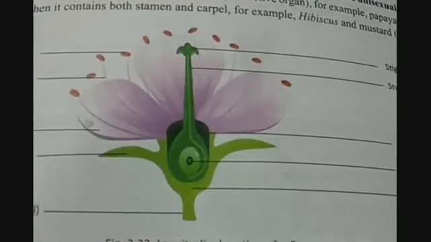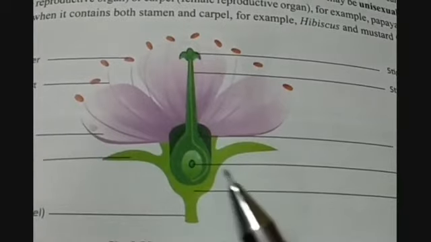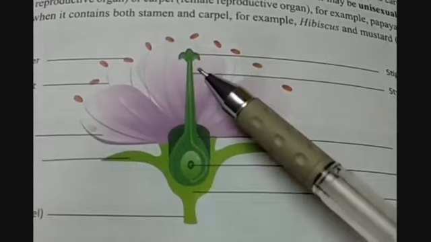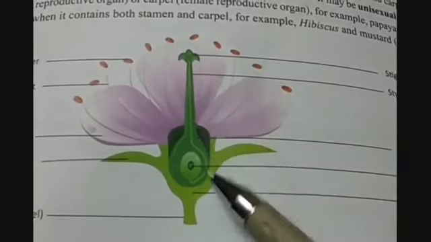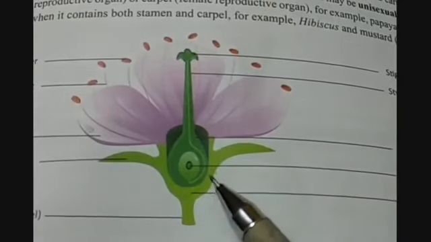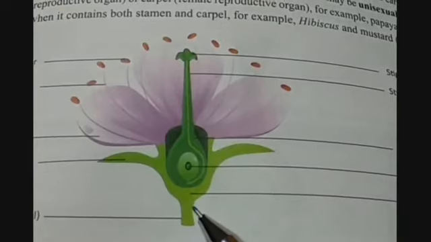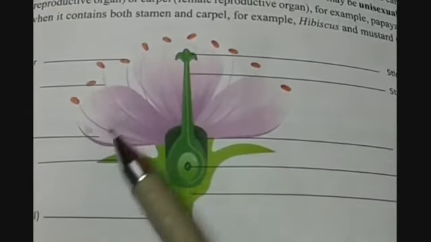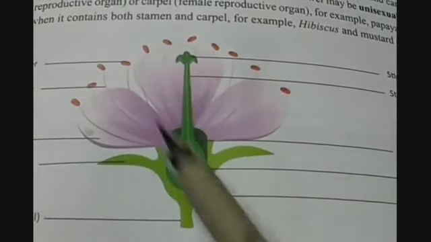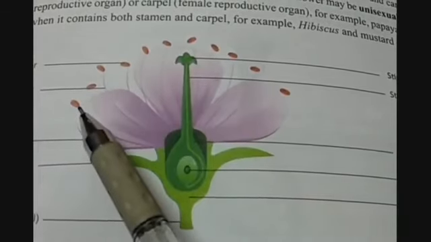So children, here I am showing you the picture of a plant. Here you will find that this is the stigma, this is the style, here we have the ovary, these are sepals, this is the receptacle or thalamus, and this is the pedicel. Here we have our petals, shown in purple color, and these are filaments, and this projection is called the anther.